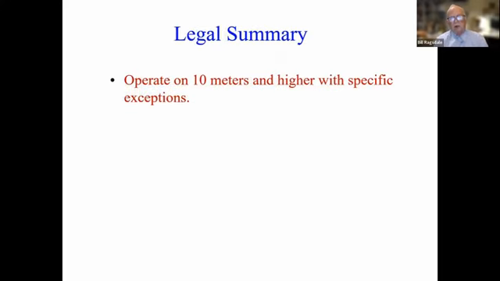So, a legal summary. As I mentioned before, you can have a repeater on 10 meters and above, on specific ham frequencies, with some specific exceptions. There are sections set aside for simplex, for remote control.